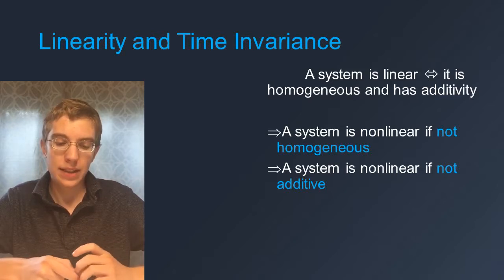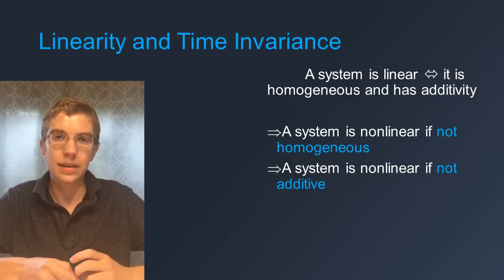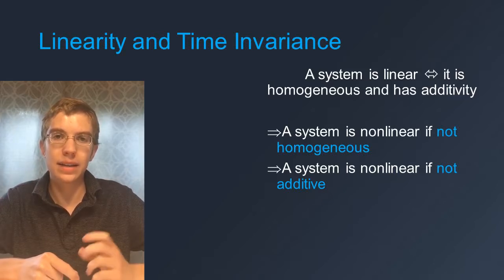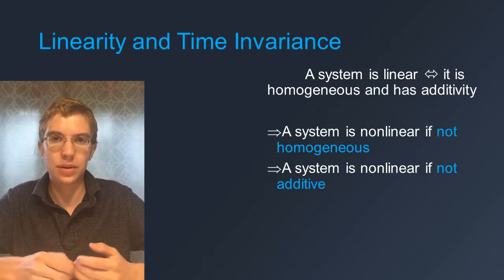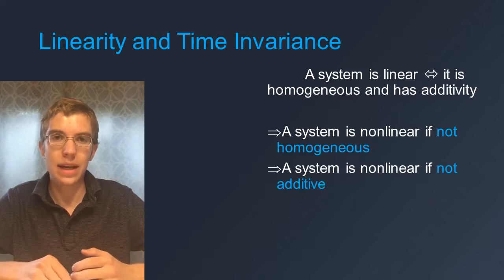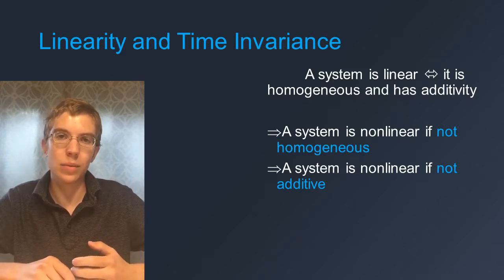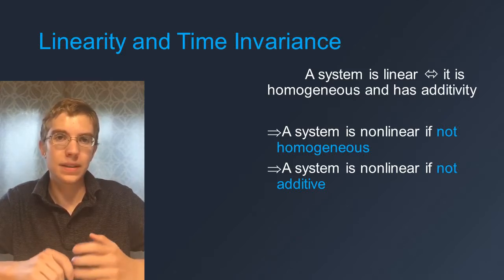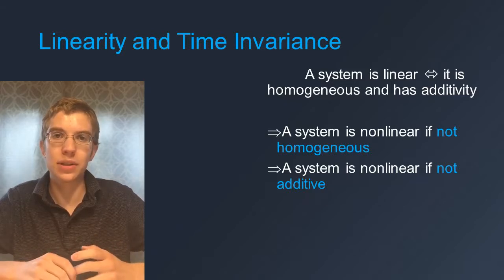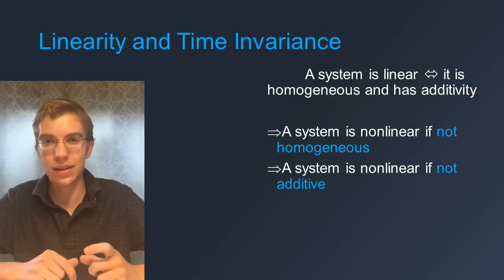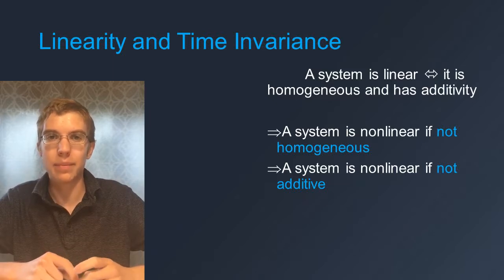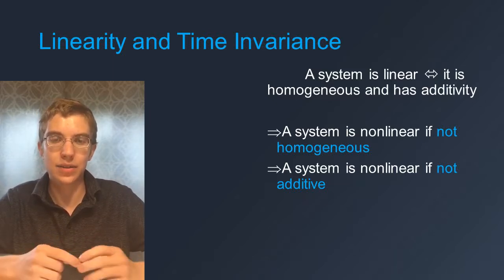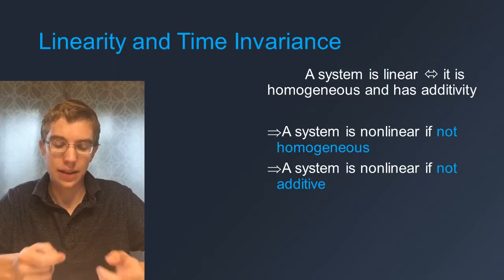The easiest way to see that the system is not linear is to test homogeneity. If we were to take a signal x of t and it produces a certain output, and then we were to take a second input which is x of t times a constant -1, we would expect the output to be -1 times the original output, but what we see is an output identical to the first output, meaning that homogeneity is not satisfied, so the entire system is not linear.